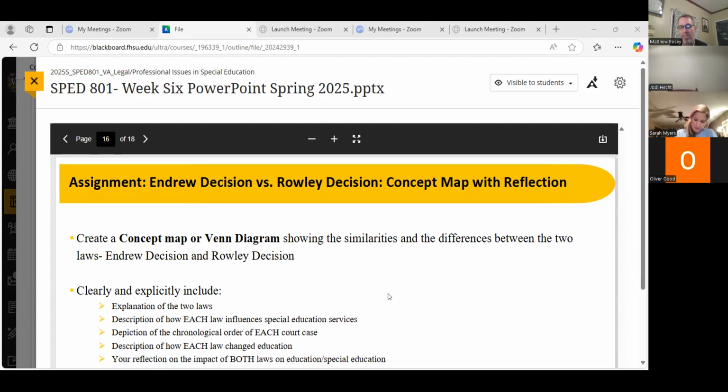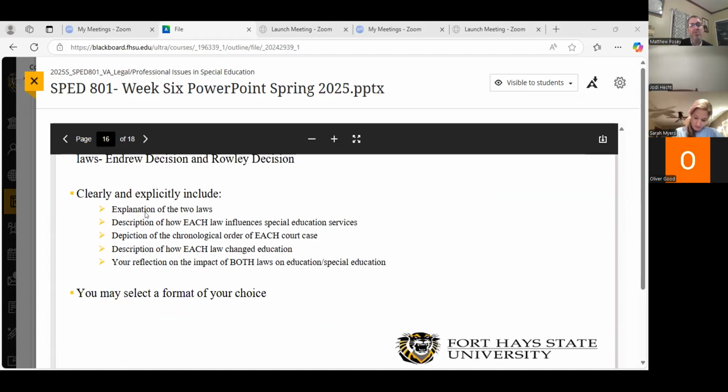You can do a concept map or a Venn diagram if you want to show the similarities and differences between the two. If you choose to do the Venn diagram or the comparison map, make sure that you provide an explanation of the two laws and a description of how each law influenced special ed services.